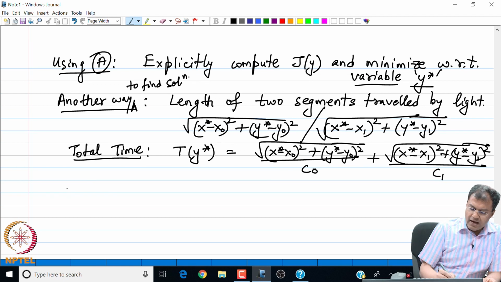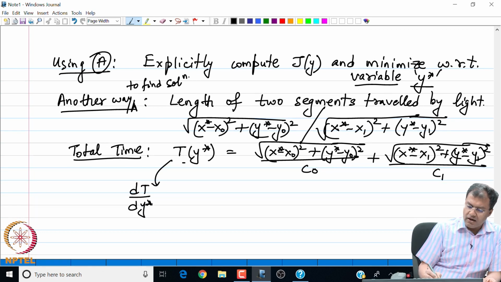To find the minimum time, we differentiate this t with respect to y star to find the critical value of y star.